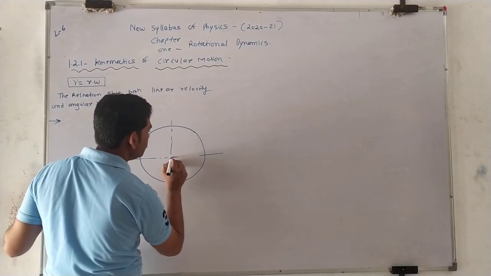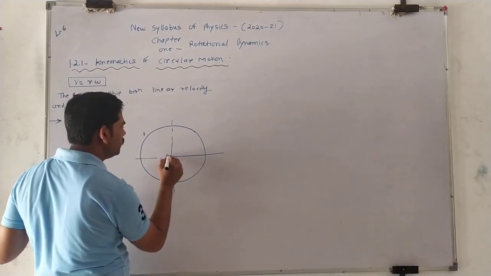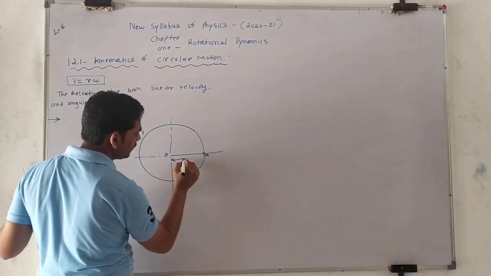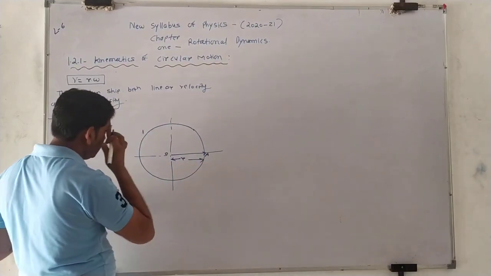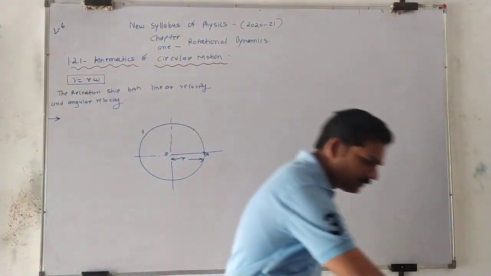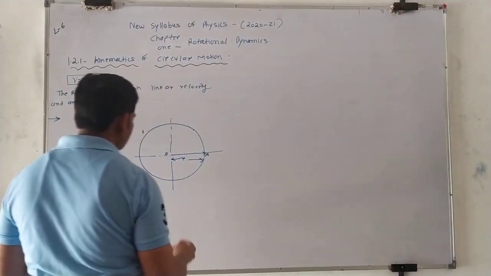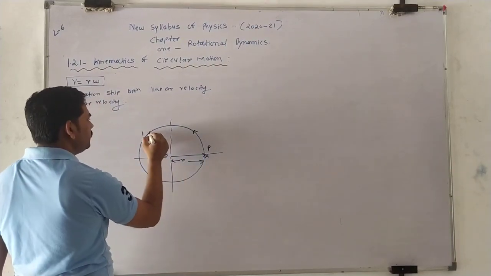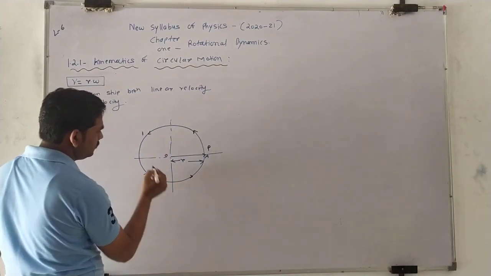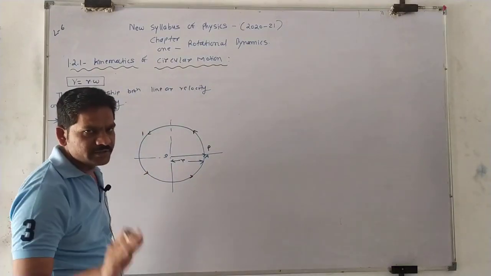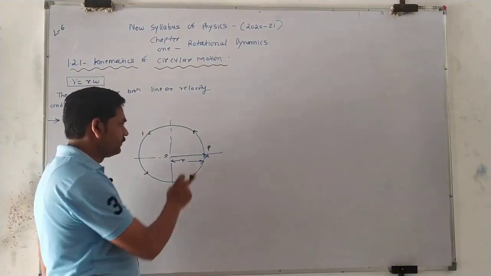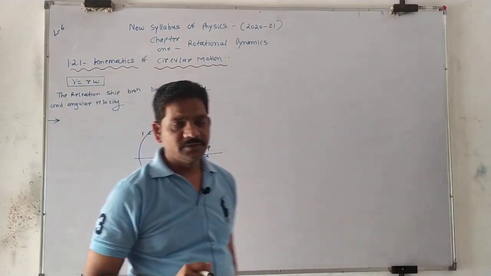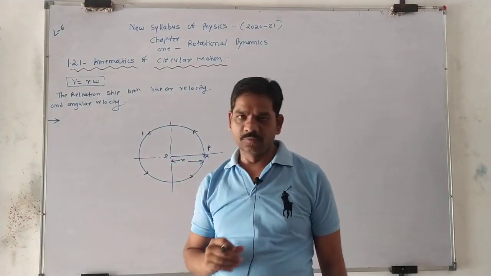This is the center O. OA is a radius vector, and its magnitude is r. On this, the particle P is given, and this particle P performs circular motion in the anticlockwise direction. A particle P performing motion along the circumference of a circle is called circular motion.